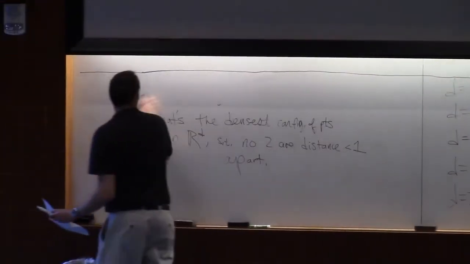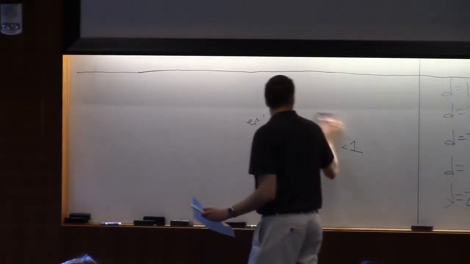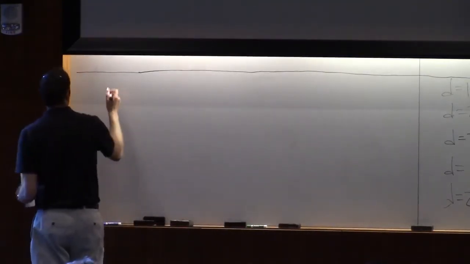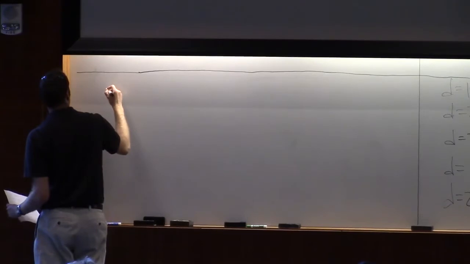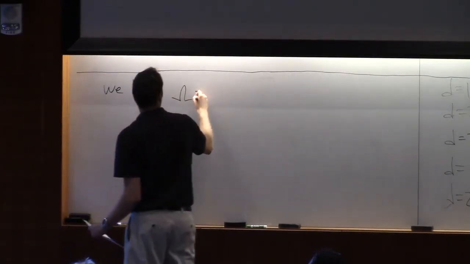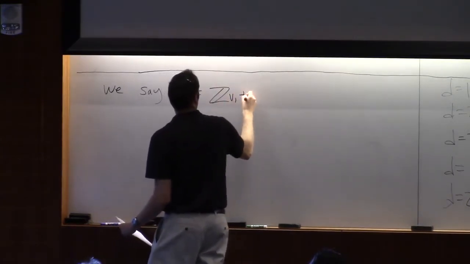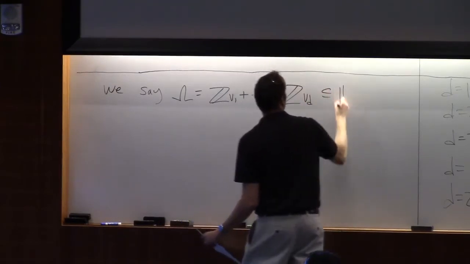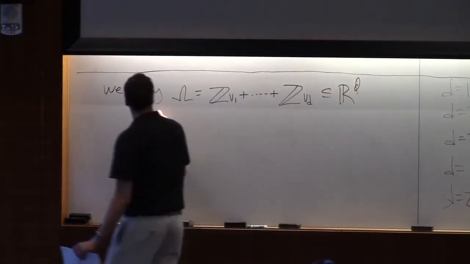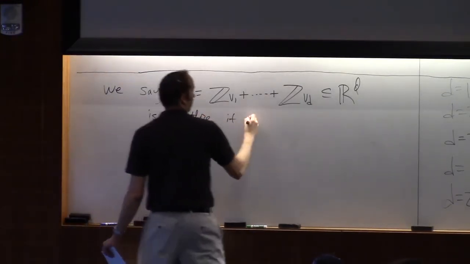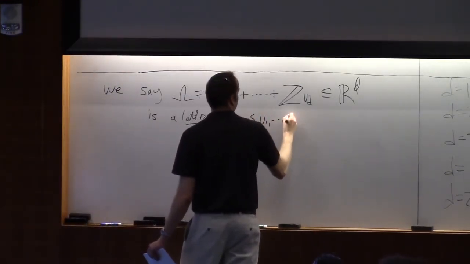So let me define a lattice. I haven't done that yet. I'm going to take the integral combinations of d vectors in R^d. We call this a lattice. This simply means that v1 through vd is a basis.